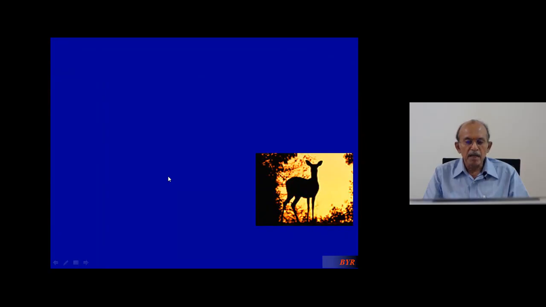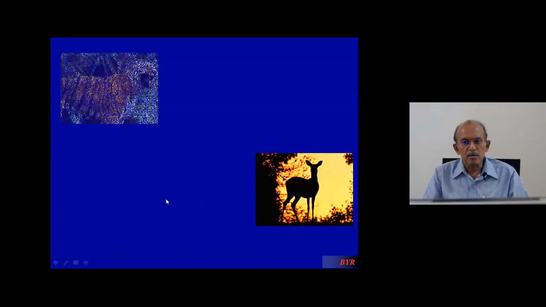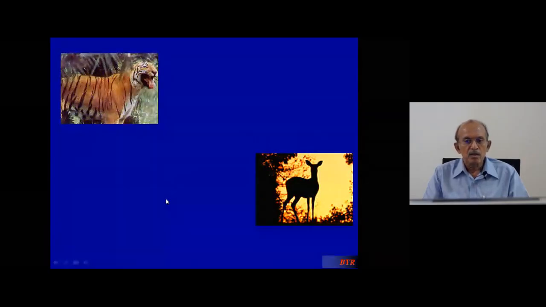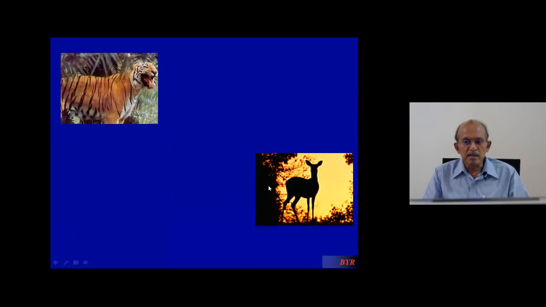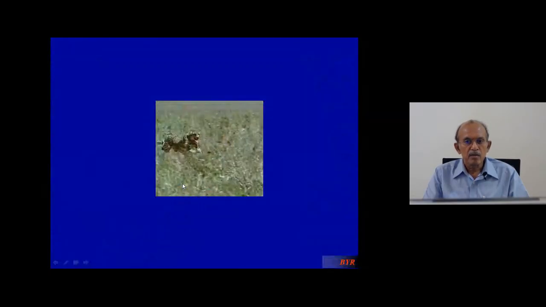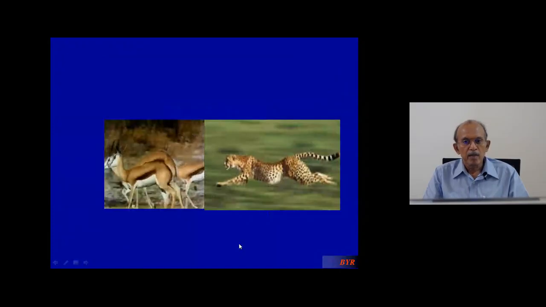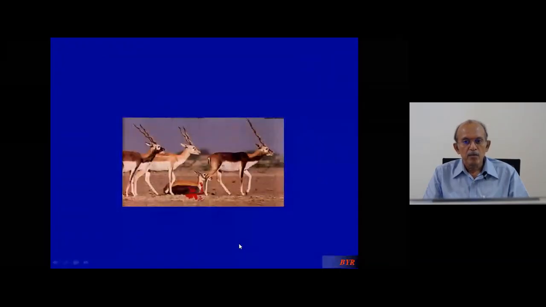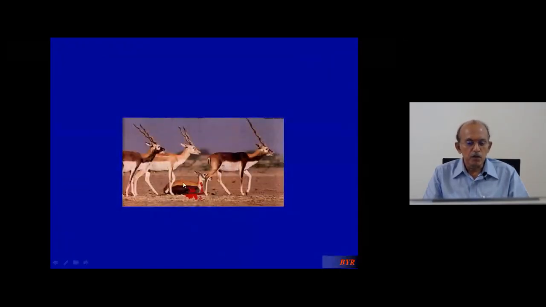Now in nature, the animals move around. For example, a deer is there. The lion sees the deer and then it attacks it. So ultimately, the deer got injured.